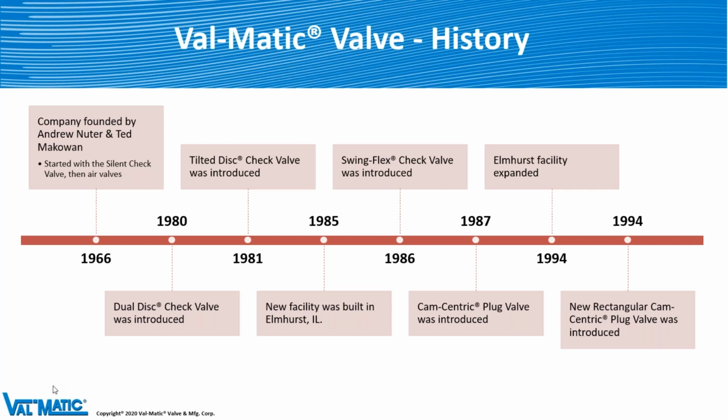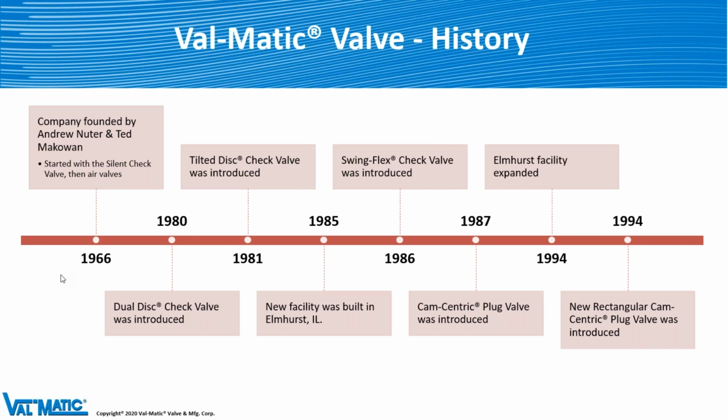So in 1966, the company was founded by Andrew Nutter and Ted McCowan. They started off with the silent check valve and the air valves, and from then we've grown. We're 54 years strong. As the years went on, we added the dual disc check valve and a tilting disc check valve.